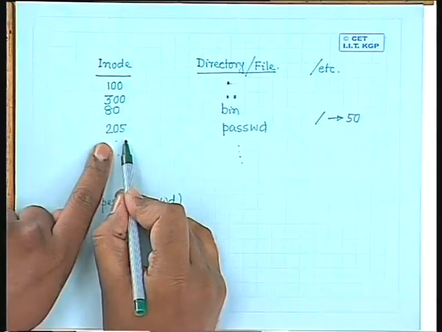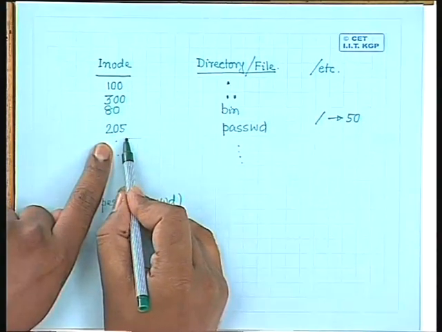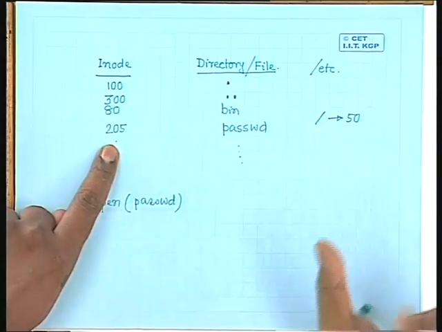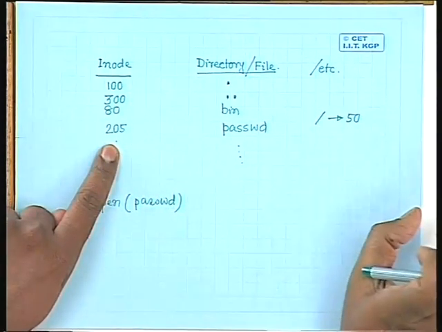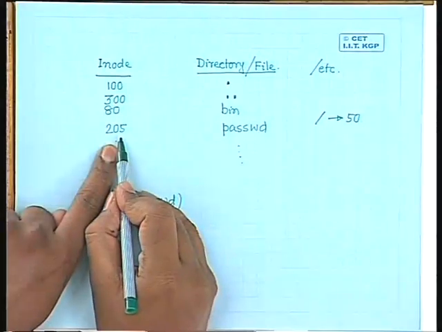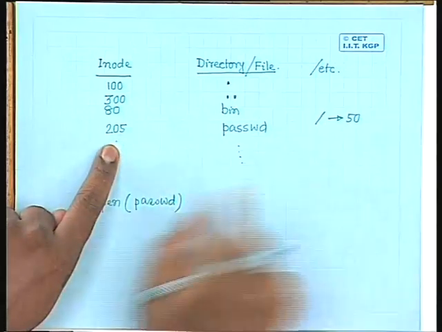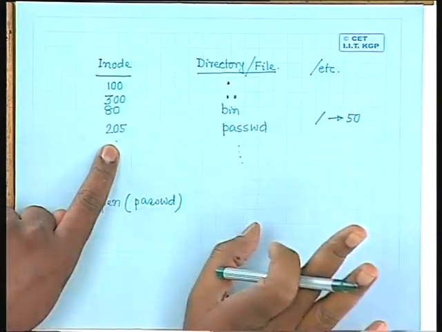Okay. But if it does not exist in the main memory, if I don't have an in-core copy of inode number 205, I have to read the block from the secondary storage which contains this inode number 205. And that is very simple, because in case of inode blocks, all the inodes are put in sequence.